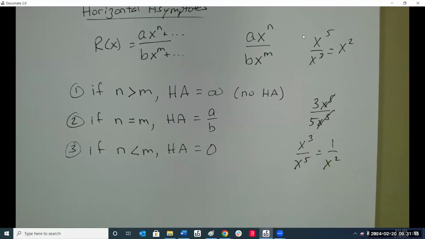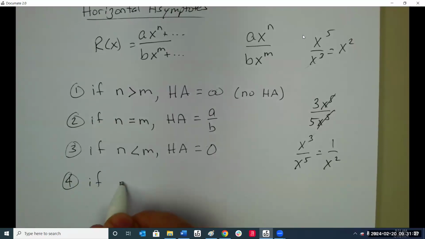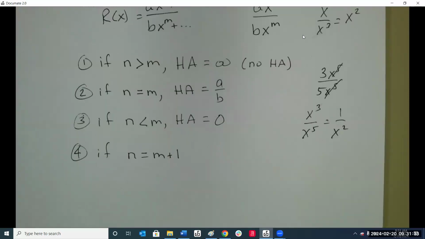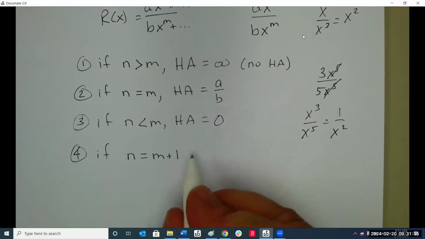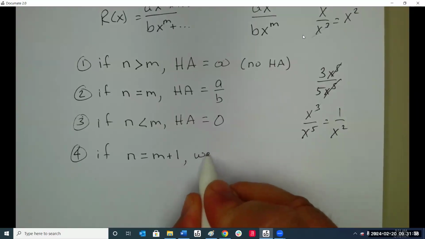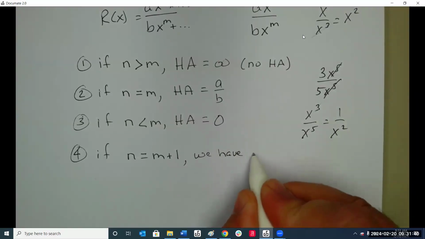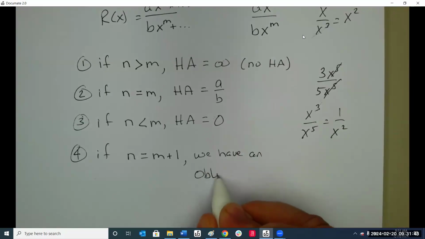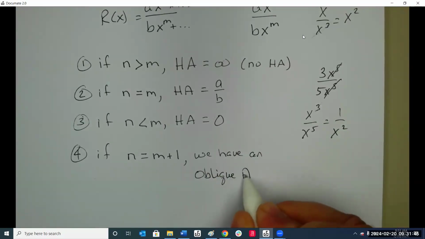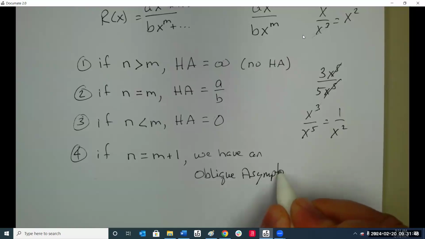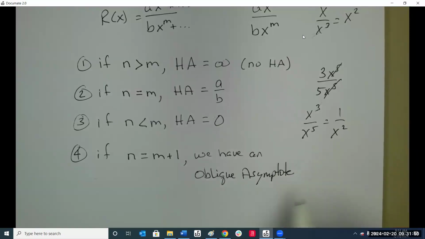But there's one more. If the top is bigger than the bottom by 1, then we have an oblique asymptote, or a slant.